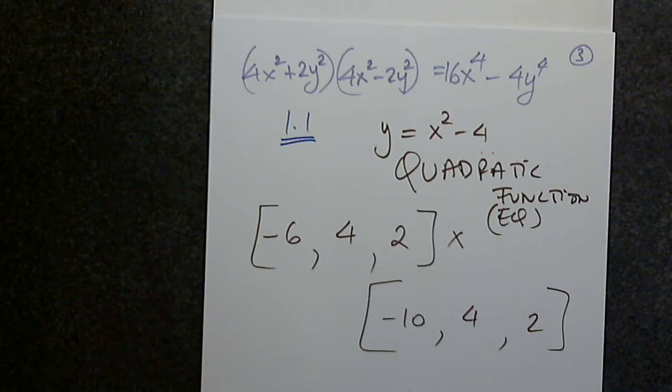So here's the graph. It's coming from positive infinity. It crosses the x-axis at (-2, 0). It crosses the y-axis at (0, -4). It crosses again the x-axis at (2, 0), and goes to infinity. We're going to look at these graphs. Can anyone remind us of what is the domain of this function?